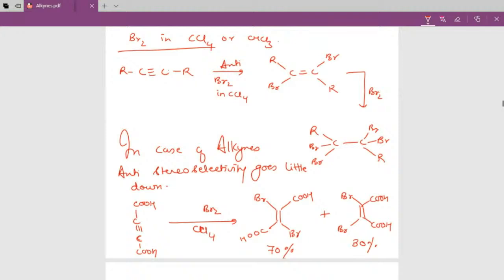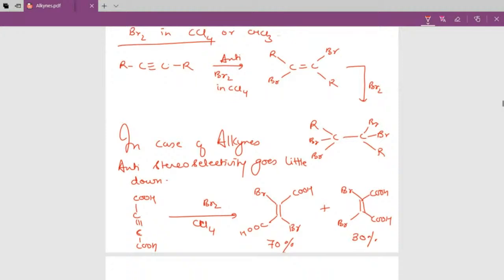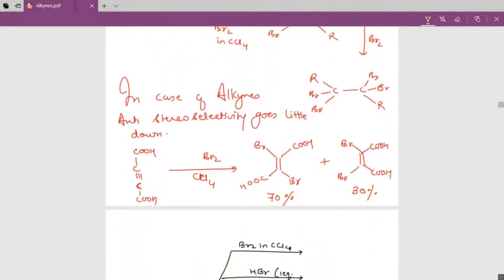But under two conditions, this anti selectivity is found to be lowered. One, when it is an alkyne, and second, when similar observation is seen with PhCH=CHMe, where the carbocation becomes more and more stable.